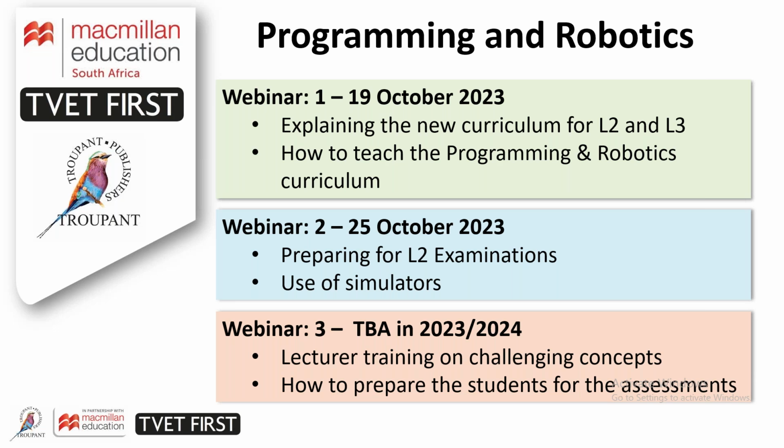So today's webinar is especially for those who are planning to do programming and robotics next year in 2024. It's to give you an overview of what the syllabus or curriculum is like for Level 2, and also what to expect in Level 3. And for those who are already doing Level 2 this year, it's to give you an idea as to what to now expect in Level 3 itself.